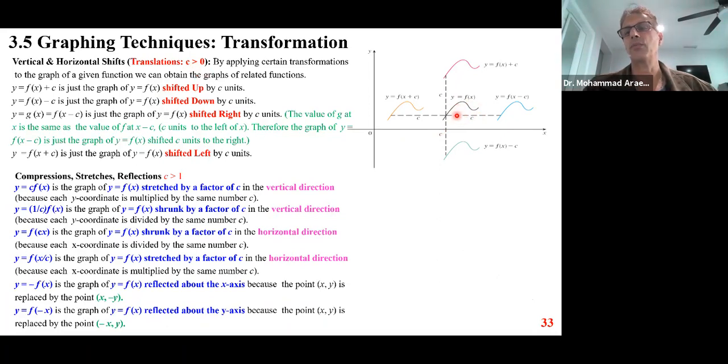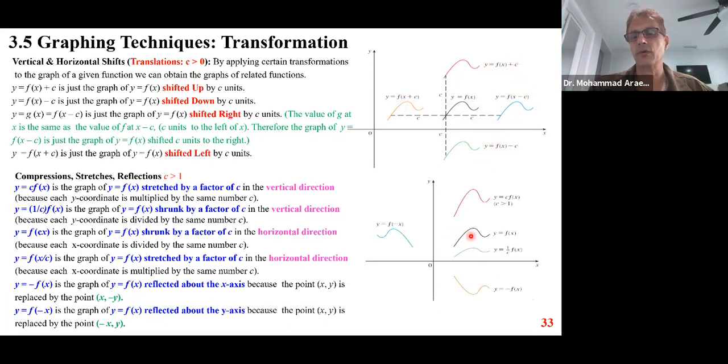We shift it to the right by c, we write f of x minus c; to the left, f of x plus c; up by c units, f of x plus c; down by c units, f of x minus c. Again, we are assuming c is positive. Same thing, c is larger than 1. That is the assumption. So this is the basic function that we start with, y equals f of x.